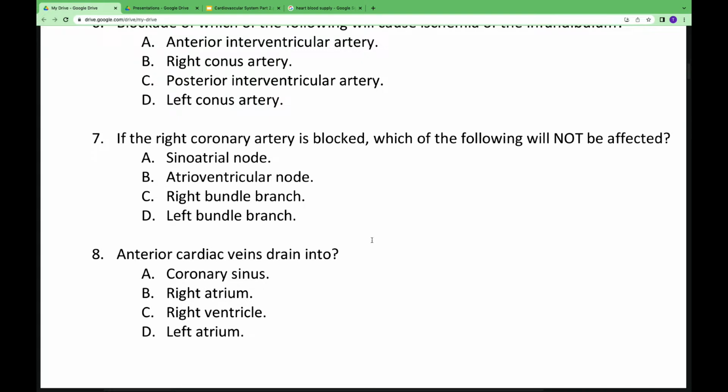If the right coronary artery is blocked, which of the following will not be affected? You should know exactly the right coronary artery blood supply. The right coronary artery supplies the right ventricle, right atrium, SA node, and AV node, right?